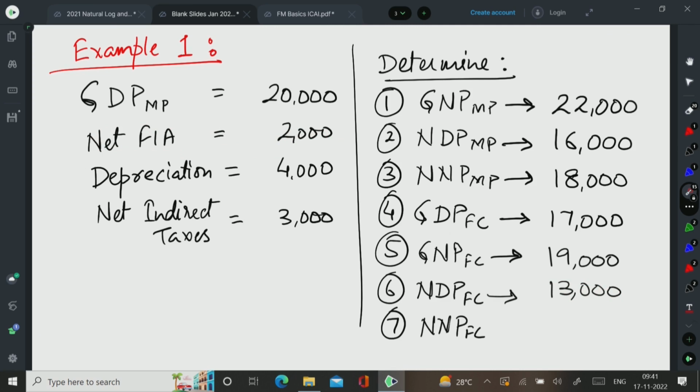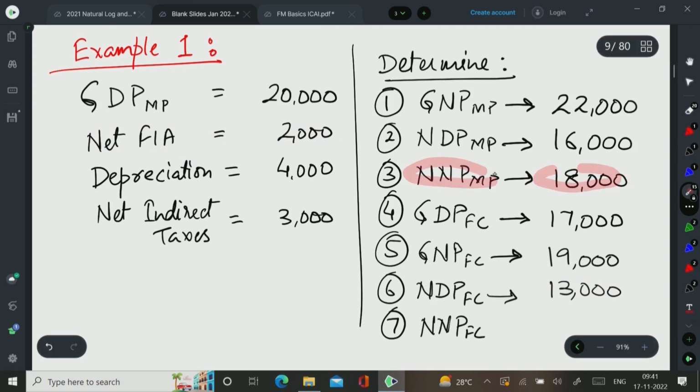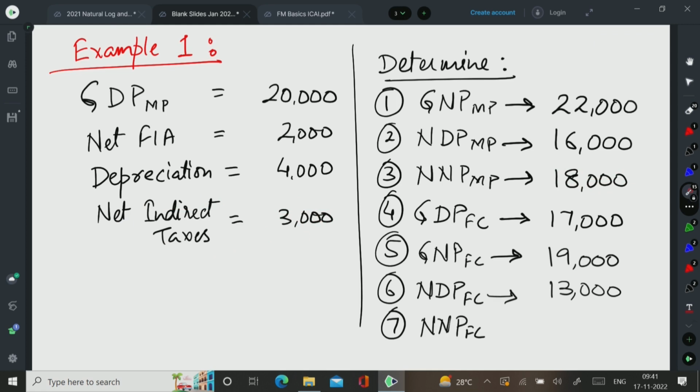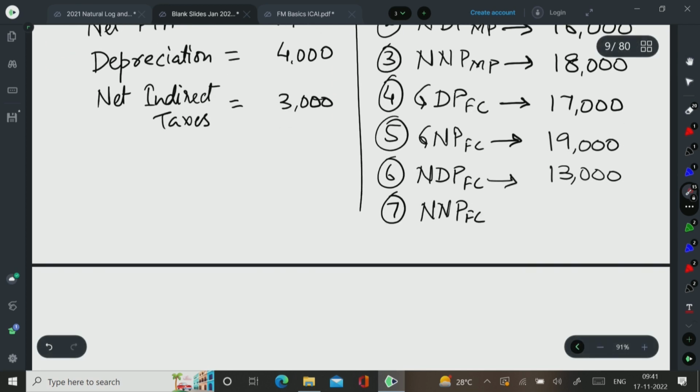Another way to look into it could be, you pick net national product at market price, that is 18,000. From that you subtract net indirect taxes, that is 18,000 minus 3,000, that would give you 15,000. Alternatively, you take 13,000 plus 2,000, even that would give you 15,000. So finally the correct answer over here will be 15,000.